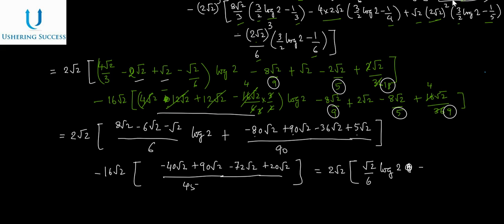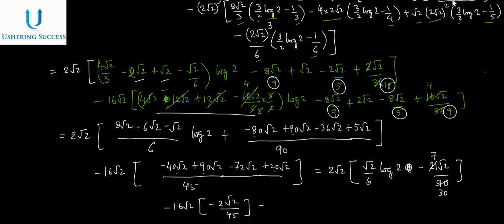So minus 21 root 2 over 90, which is 7 root 2 by 30. And then I have minus 16 root 2 into 90 minus 40 is 50. 50 plus 20 is 70, minus 72 is minus 2 root 2 over 45.